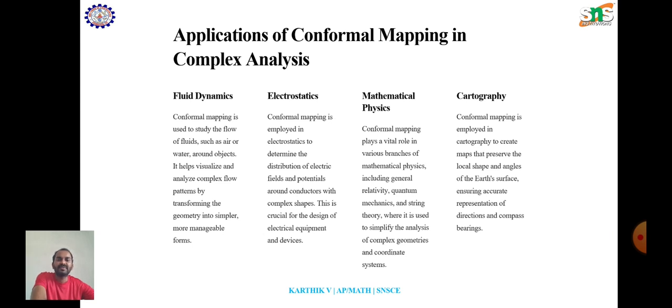Heat conduction. Conformal mapping techniques are applied to analyze heat conduction in complex geometries. Mathematical physics. Conformal mapping techniques are widely employed in mathematical physics to study diverse phenomena.